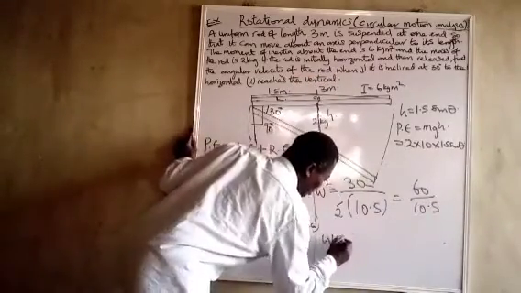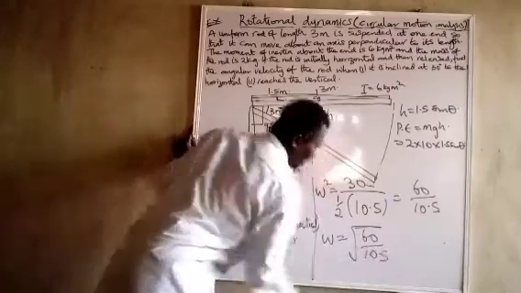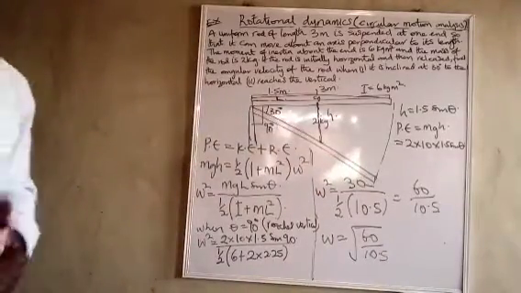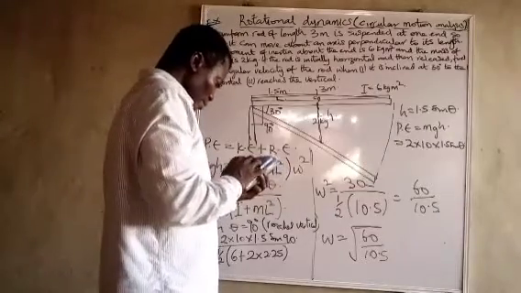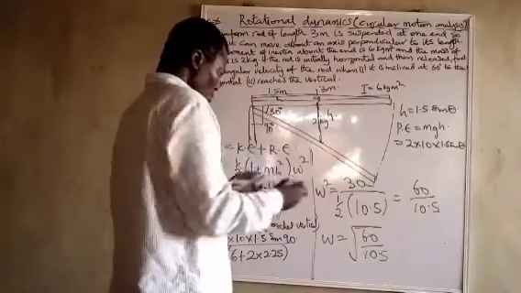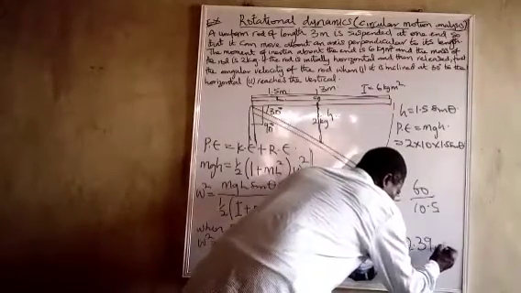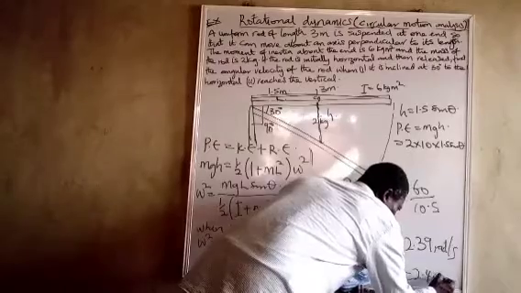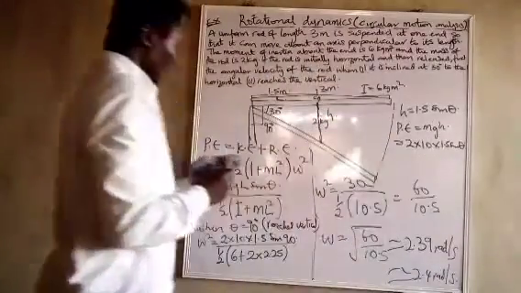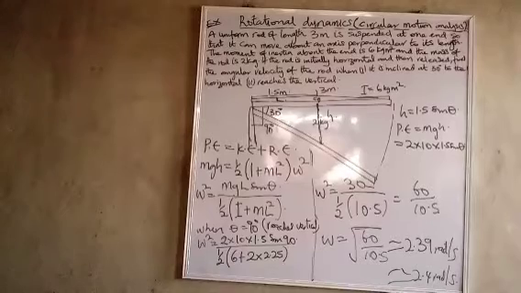So our omega will be equal to the square root of 60 over 10.5, and that is approximately 2.39 rad per second. We have 2.4 rad per second. So that is how this one goes.